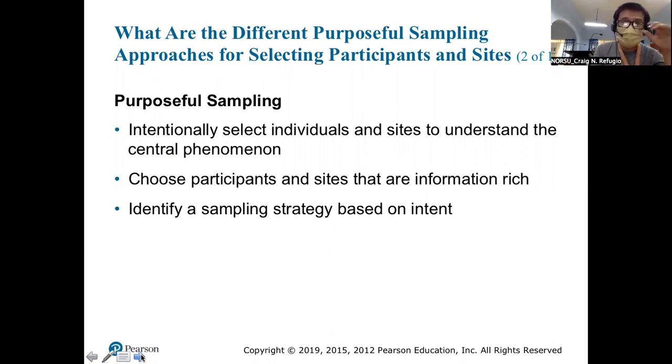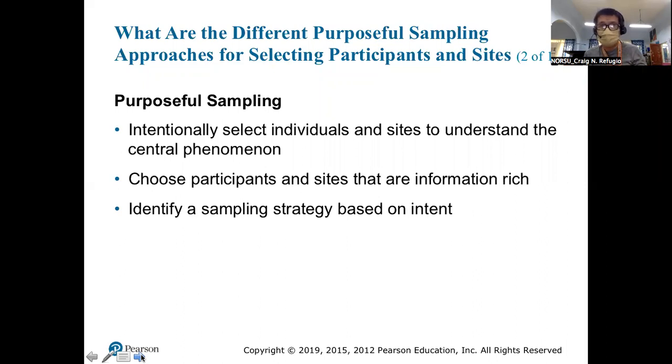So purposeful sampling: intentionally select individuals and sites to understand the central phenomenon. Choose participants and sites that are information rich. Identify a sampling strategy based on an intent. The strategy for the sampling could actually be based on the literature.